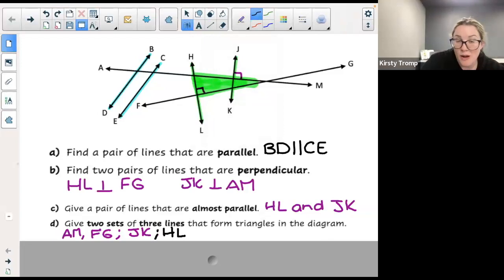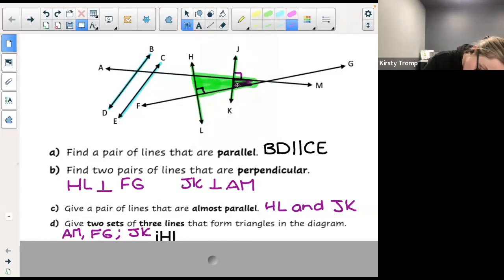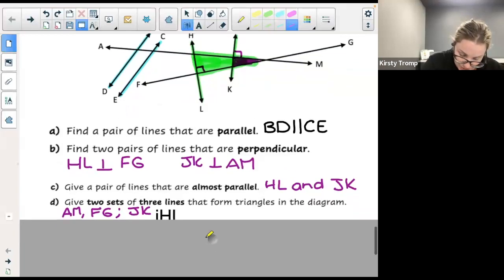Then I see another triangle here, guys. It's this little triangle over here, made from JK, FG, and AM. Well done, Christian. All right, let us move on to our next question.